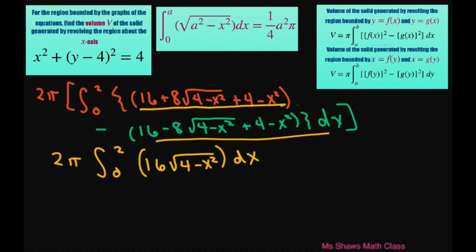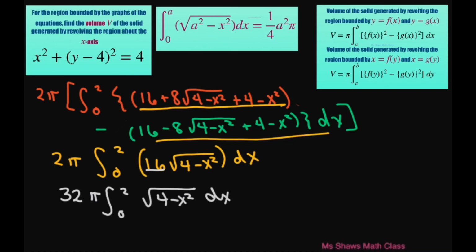Then let's pull out the 16. That gives me 32 pi times the integral from 0 to 2 of the square root of 4 minus x squared dx.